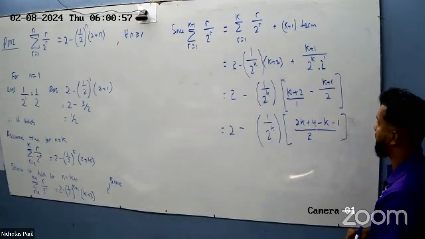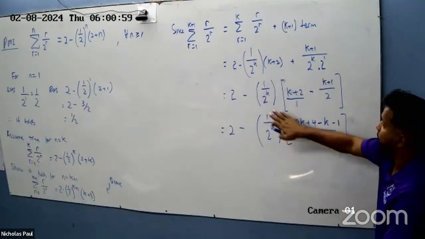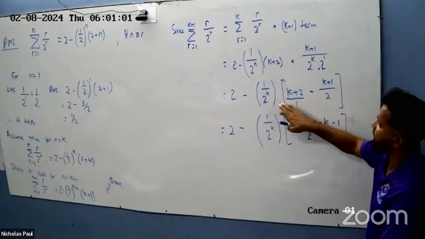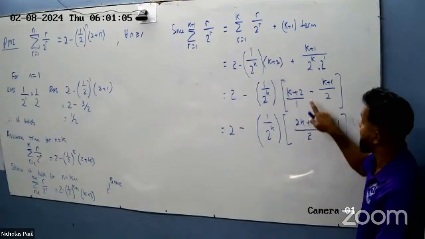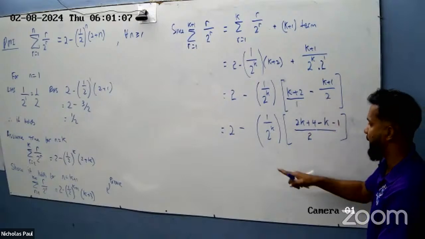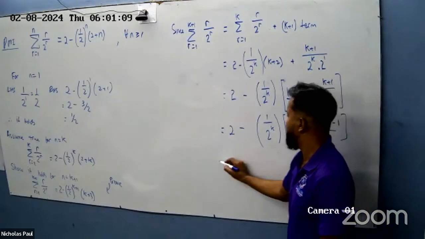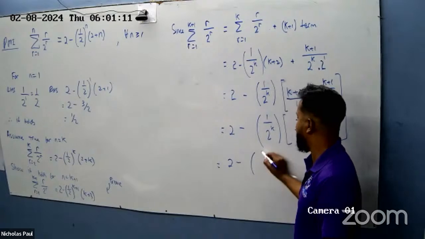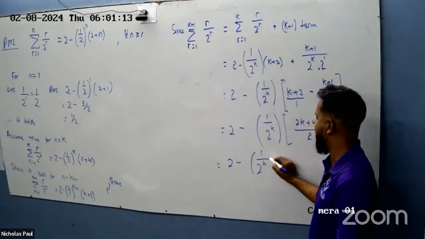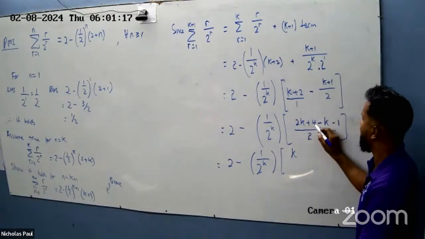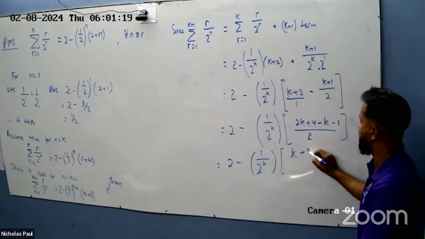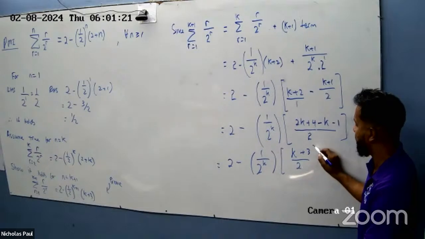Sorry about that. So when I multiply back this, I was supposed to check and see if when you multiply this, you get back this. My sign here was wrong. That's why I didn't get plus 3. So I get 2 minus 1 on 2 to the k. 2k minus k is k. 4 minus 1 is 3, all over 2.